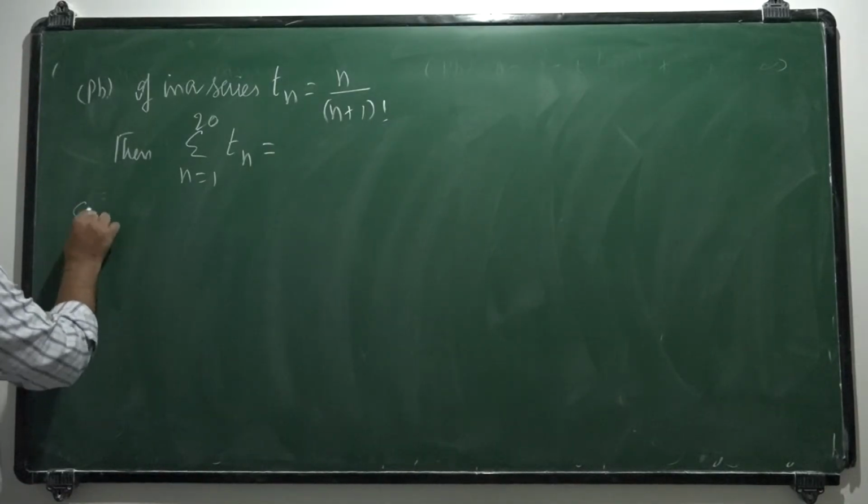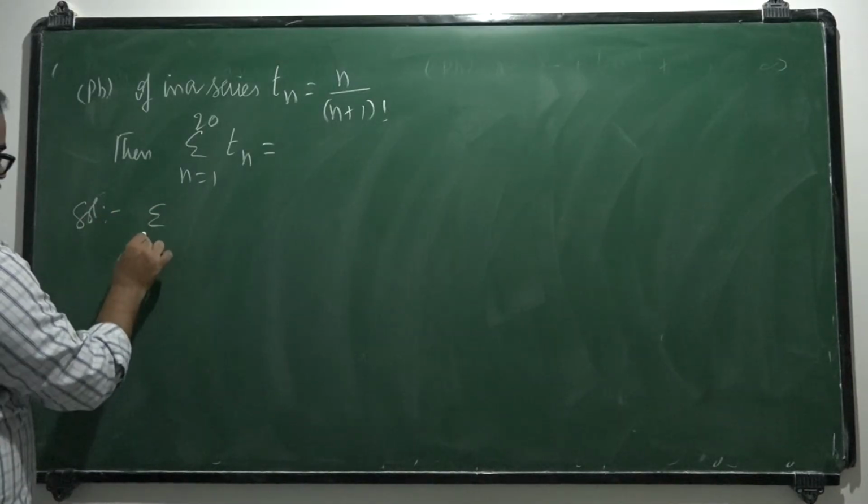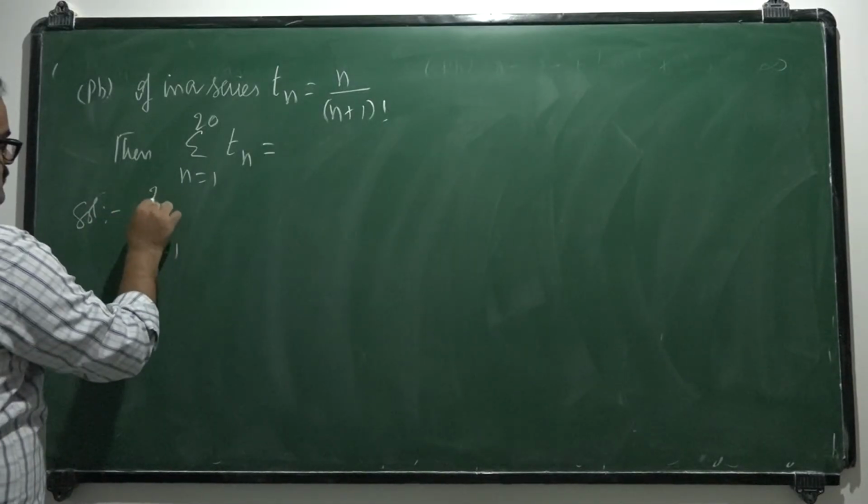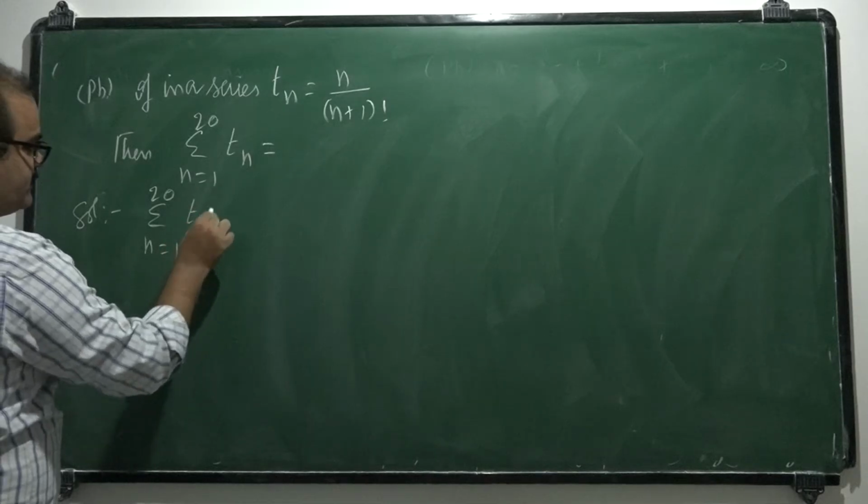Okay, what we want to find? Sigma n is equal to 1 to 20 Tn.